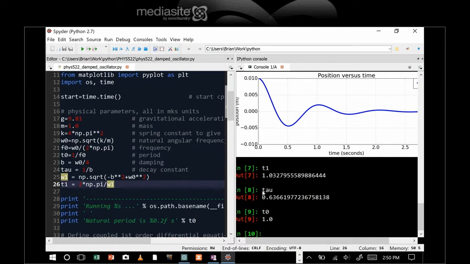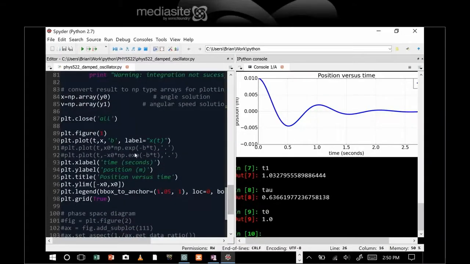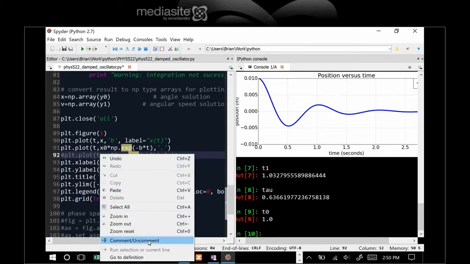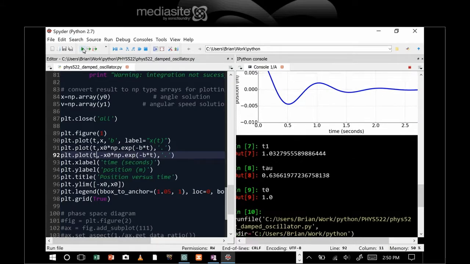Now what is tau? Tau is 1 over beta. And notice that it's larger or smaller, so basically what it means is that this thing is going to oscillate faster than the decay is going to be. Okay. And in fact, we can sketch out the decays on either side of it and replot it.